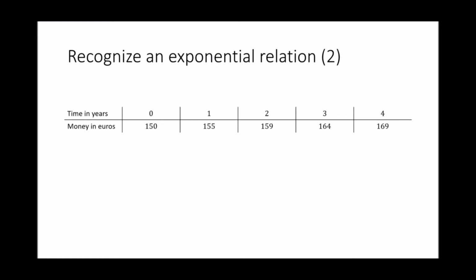If we divide 155 by 150, we're going to get approximately 1.033, which continues. If we take the second step, 159 by 155, we get around 1.025. And if we continue this, we check all of them.